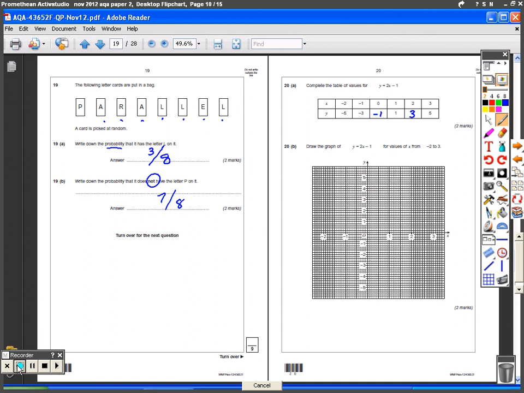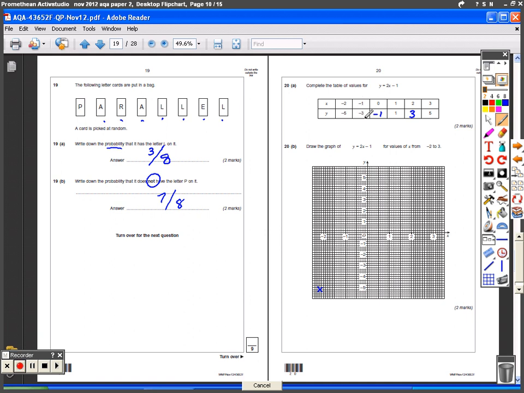Okay, 20b says draw the graph of y equals 2x minus 1. Well, 2x minus 1, you've got the same equation. So this table here gives us the coordinates that we can plot for the line of y equals 2x minus 1. So if x is minus 2 and y is minus 5, we plot carefully along minus 2 and down to minus 5, which is there.